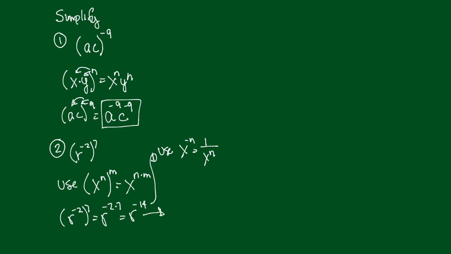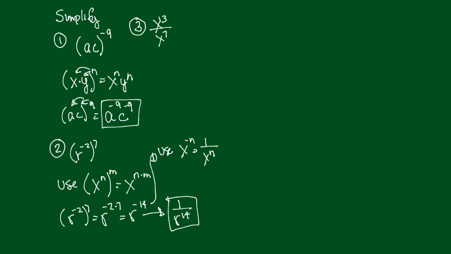So let's take this r to the negative 14 and write it like this: 1 over r to the positive 14. So what the rule says to do is that if you have a base to a negative number, you can just take it 1 over the base and change the exponent to a positive. So just move things up and down just by changing the sign of the exponent.